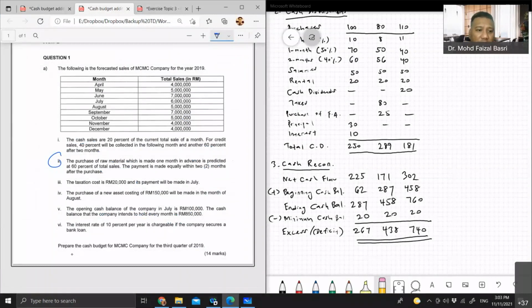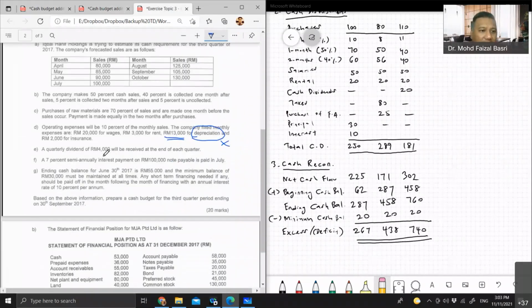They will give you the opening and then they will tell you the minimum cash balance. Only this question tells you that the company intends to hold 850,000 every month. So this intention or policy is the minimum cash balance. Similarly like this question. Ending cash balance, here they use the ending. Ending for June means it will be opening for July. Okay, and the question also asks for the third quarter. So the third quarter is July, August, September.